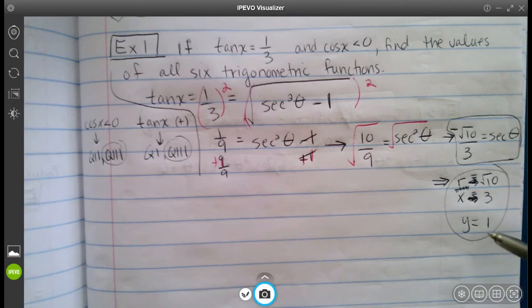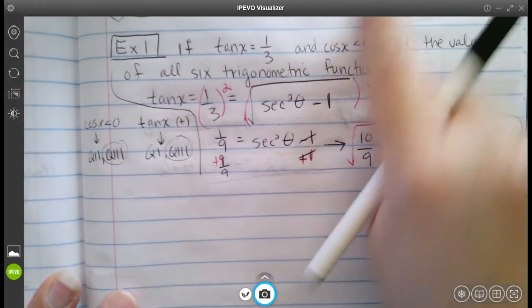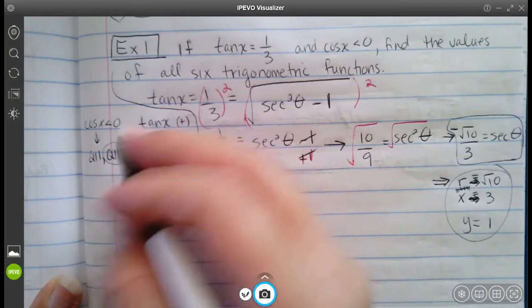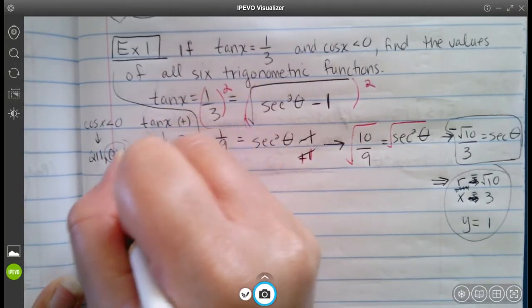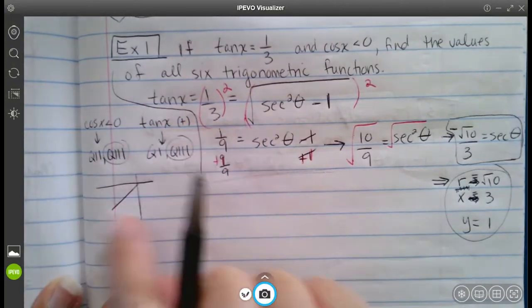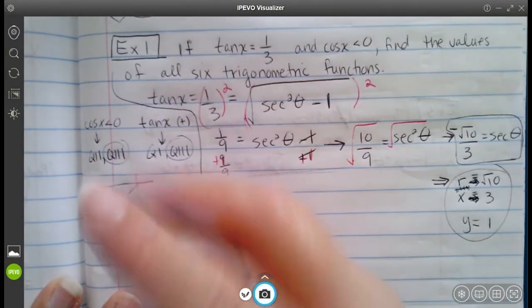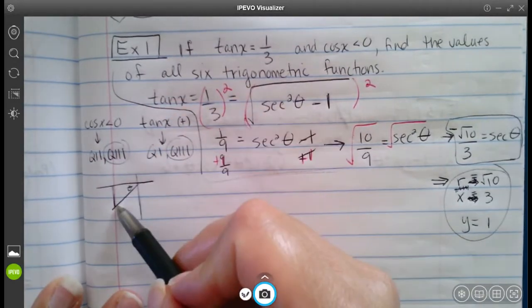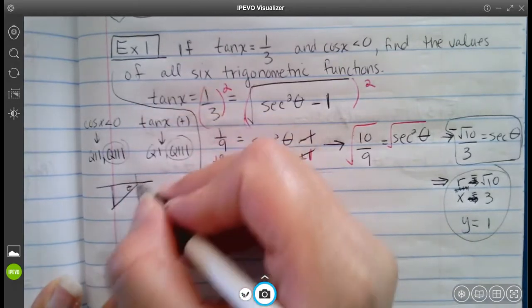Now, another way you could have done this, and I do want to show it real quickly because it might be easier for you, okay? This method right here was using the identity that we have up here. Another way is once you figured out where this goes, you could have drawn the triangle. So we know it's in quadrant 3 somewhere. And since this is tangent, and here's our theta, we're thinking opposite over adjacent or y over x.